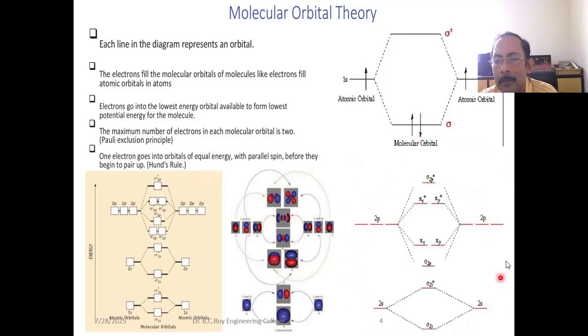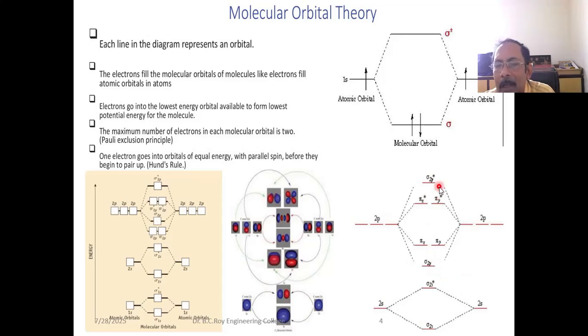So if we have this one, this bonding and anti-bonding interaction, both you can find here. 2s and 2s overlap, giving us sigma, sigma star, and here we have given sigma 2s star because these sigma and sigma star are inner electronic cores, so interaction is comparatively less. Now you have 2p and 2p overlap, giving us sigma, pi, pi star, and sigma star.